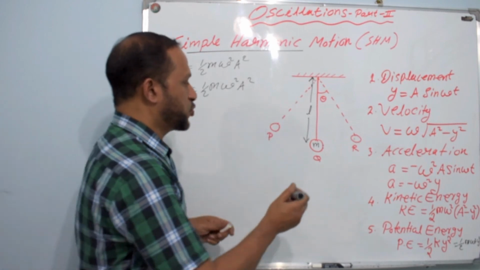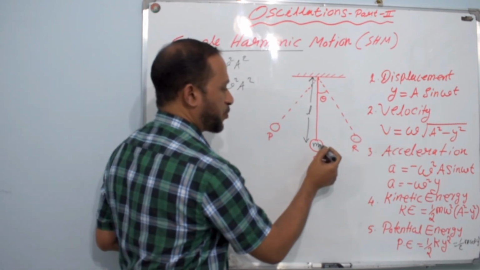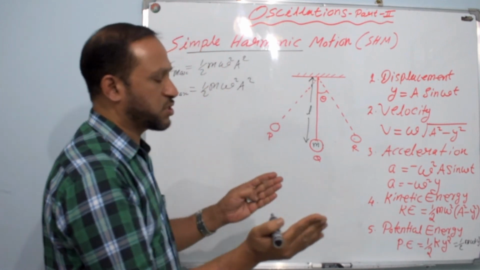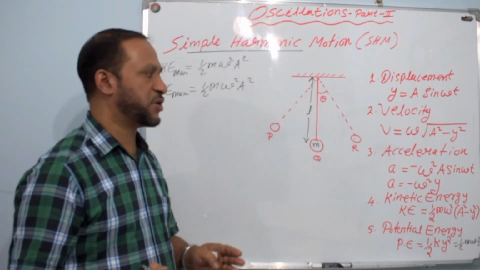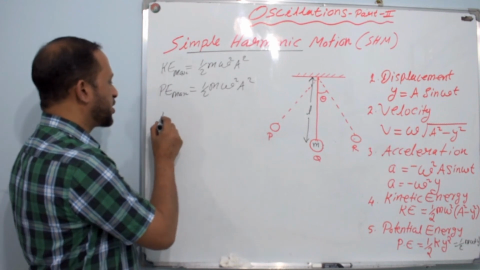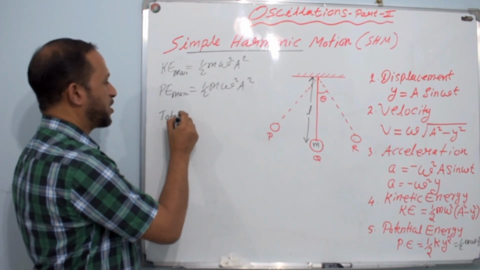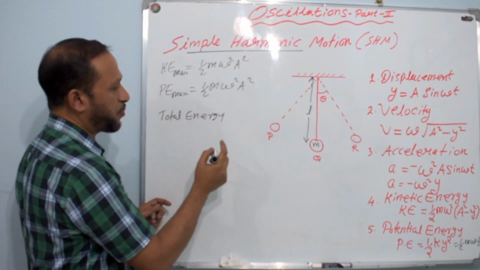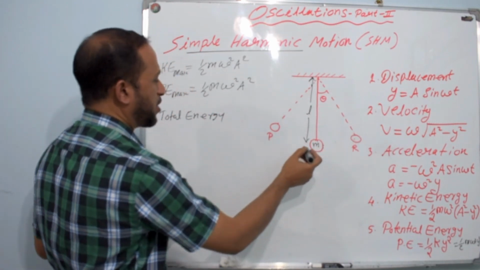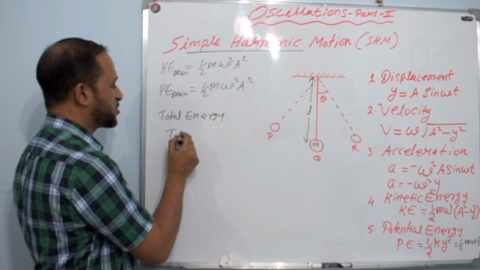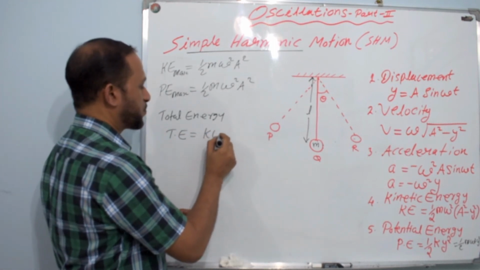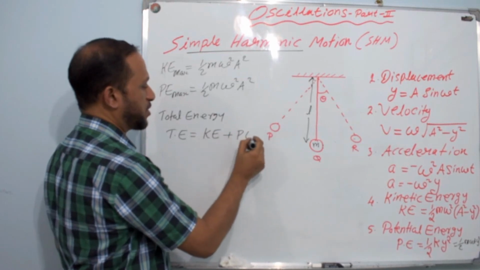Now in between these two, we can take any one point here. At that time, there will be both kinetic energy and potential energy. So the total energy of the oscillator at any point in between extreme point and mean position is equal to the sum of the kinetic energy plus potential energy.